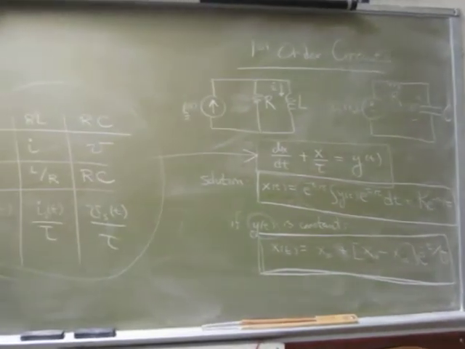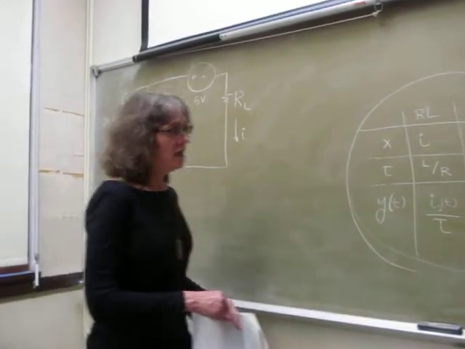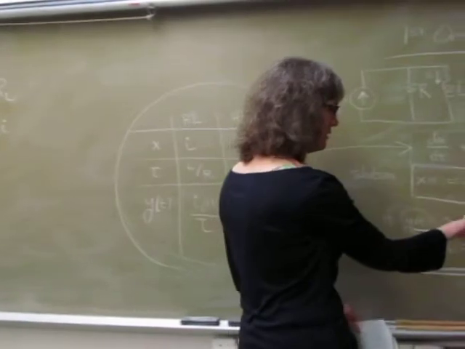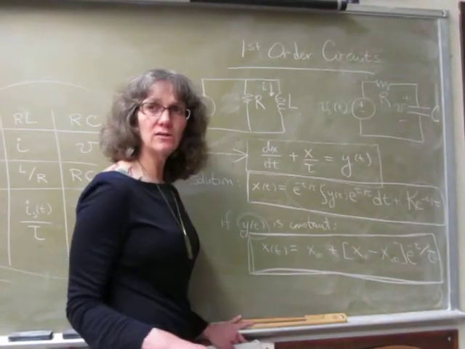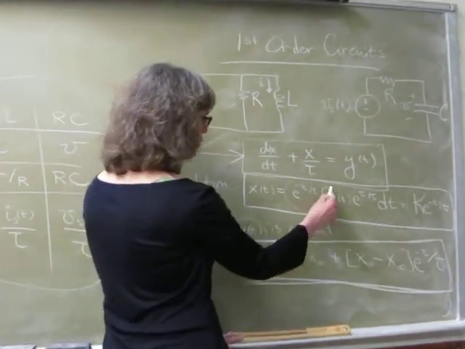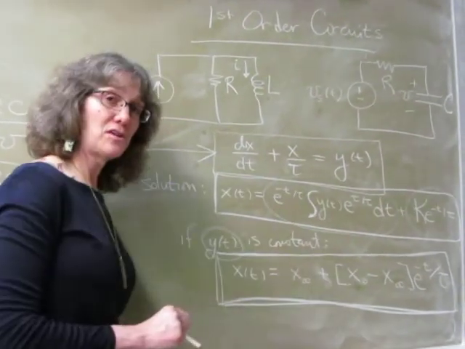So that's the recap of the first order circuits. This equation might look a little bit ugly, but it really is nothing that you can't handle because you know how to integrate. At least I'm assuming that you've taken your calculus courses.